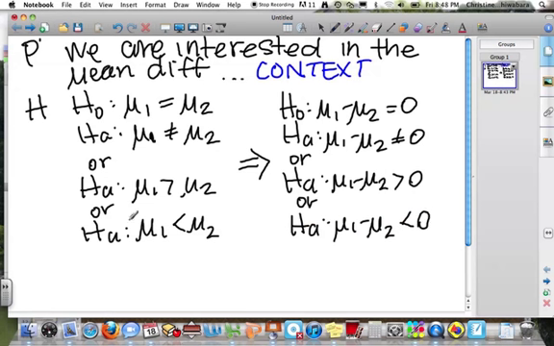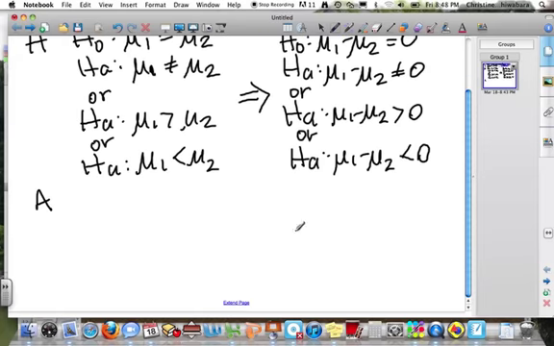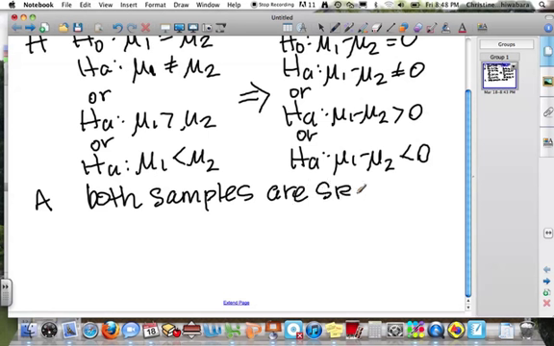Okay? The next step is your conditions, or your assumptions in PHANTOMS. So say you have the first one. You need to state that both samples are SRSs and state this in context. So both samples are SRSs. Okay?